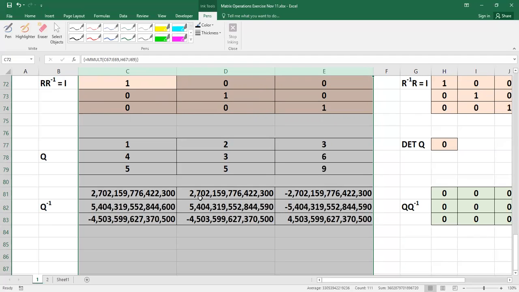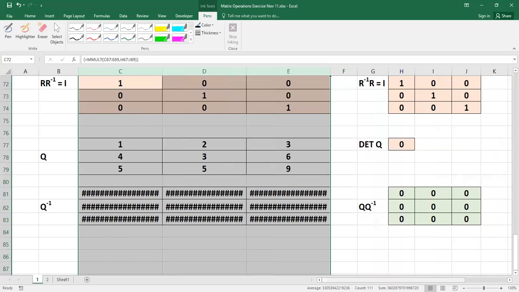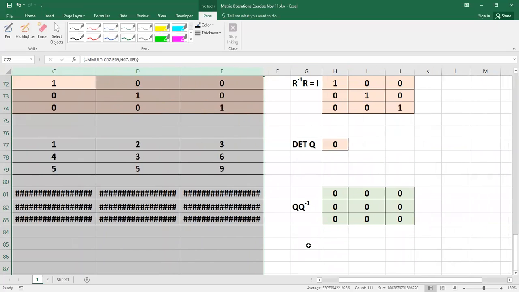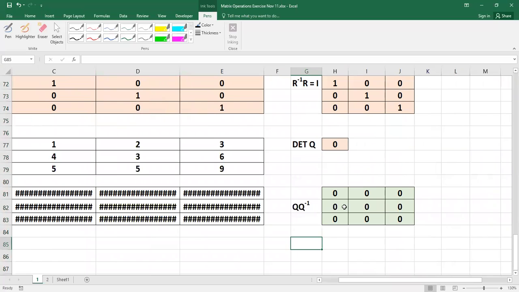In fact, they have the same values for each of the rows. They only differ in the negative sign. But the main test there is that when we multiply the matrix with its inverse, it will not give us an identity matrix. So this is not an identity matrix, which violates the principle of matrix multiplication.